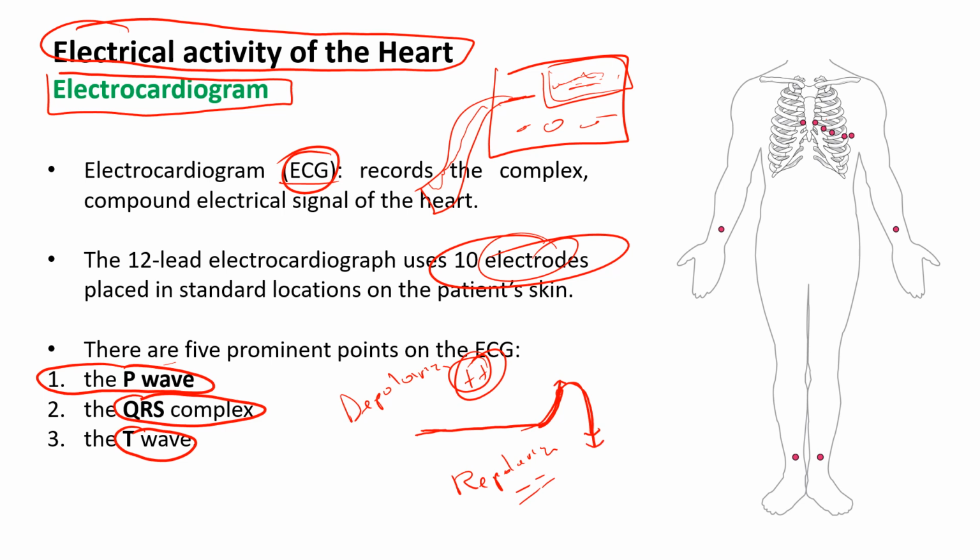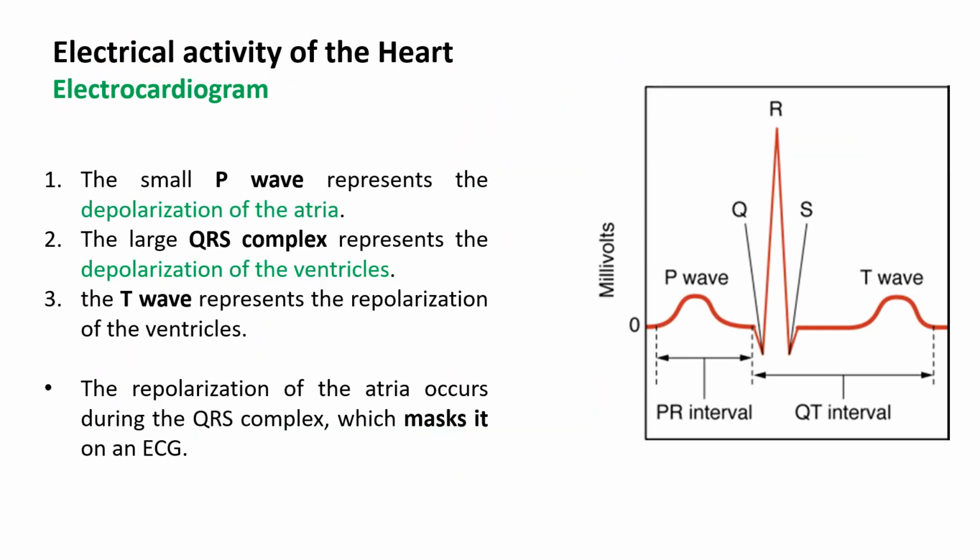At the end, what we call a wave, we have a P wave, a big old wave called the QRS complex, and then a T wave, and those waves represent depolarization of specific parts of the heart, which I'm going to show you now. All right, look, if you memorize this, that's all you need to know.